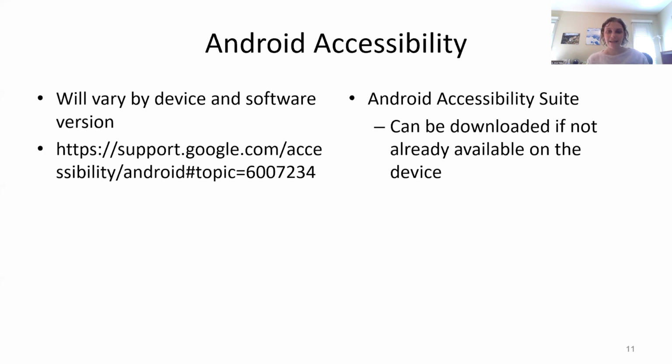Android has added an accessibility suite that you can download. So here in the US, many patients are able to receive an Android phone if they have Medicare or Medicaid, so either of the government insurances. That often qualifies them for a free cell phone. When they receive that Android phone, it's often a very basic model without full accessibility loaded in.